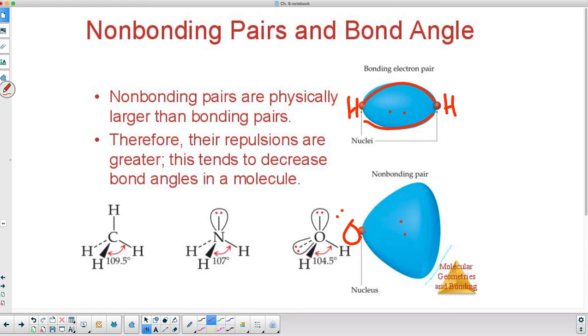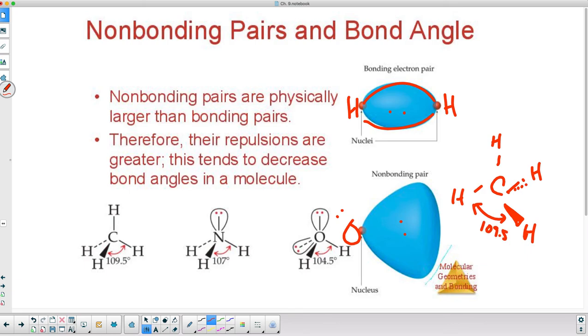So normally, when we have something like a tetrahedral, where it looks like this, and then they do this to show that it's out in front, and they do this to show that it's back behind, each one of these angles here is 109.5 degrees.